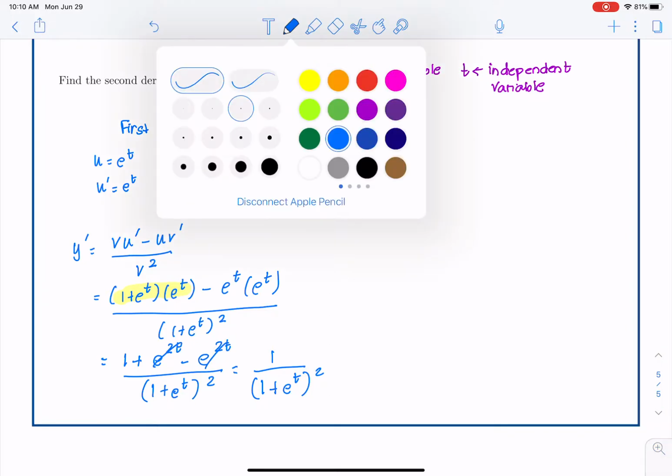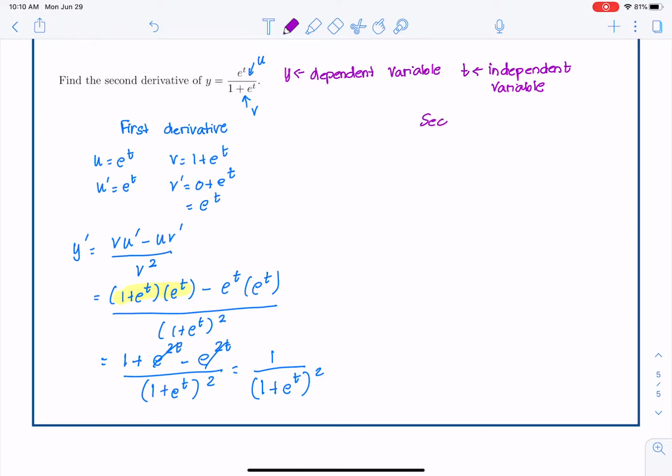We could move on to the second derivative now. We have to treat the numerator as u, denominator as v. U is 1, v is 1 plus e raised t squared. U prime is 0. Again, later on there is a rule called chain rule, which is going to make finding the derivative of 1 plus e raised t squared easier.